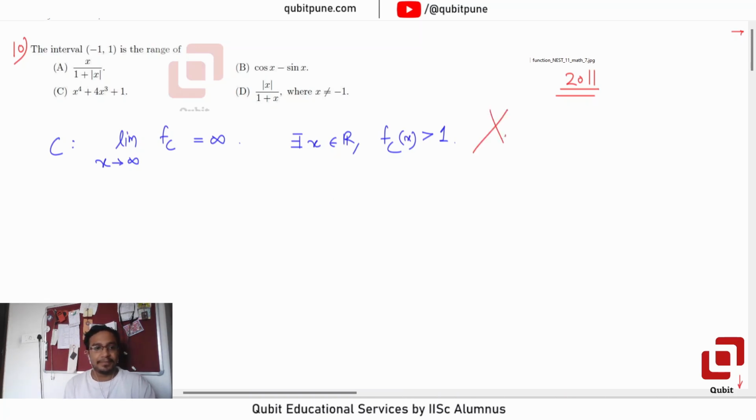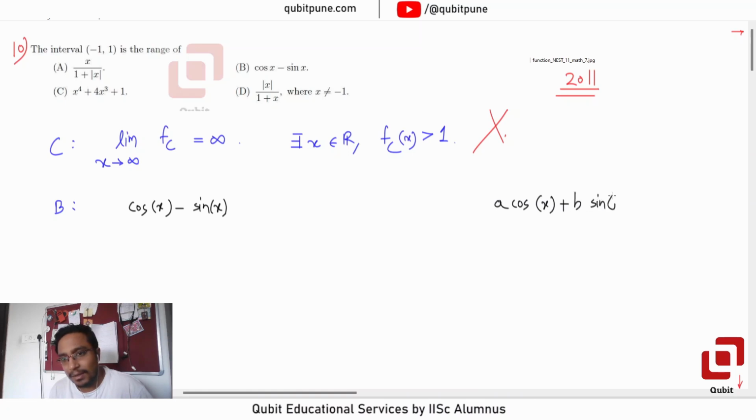Now go to B. There is a typical trick that we bring in when we are asked to simplify this type of function. Do you know what that trick is? Multiplying and dividing by root 2.